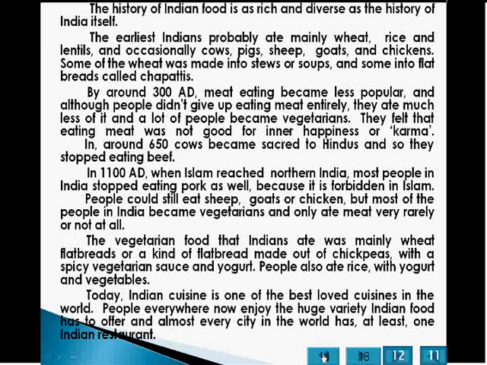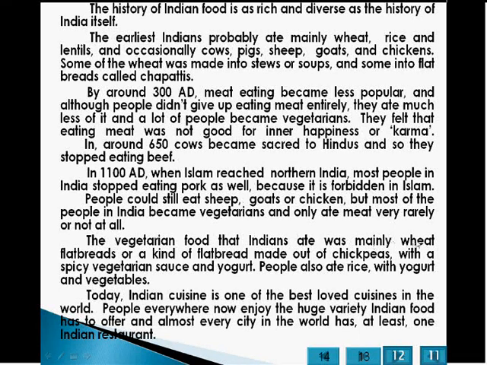Okay? So again, we are going to remember the question was the vegetarian food that Indians ate. So what kind of food? If you just scan the passage, you go for the paragraph before last, and you'll find all the types of food the Indian vegetarians ate. Okay?